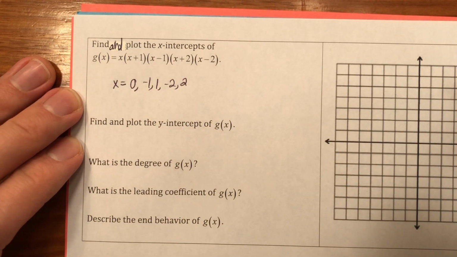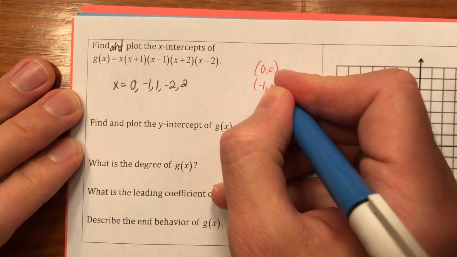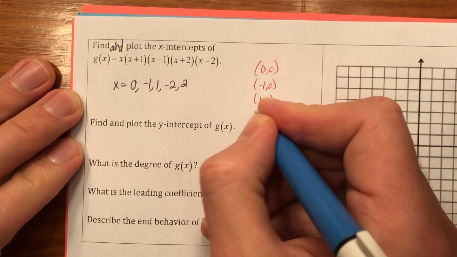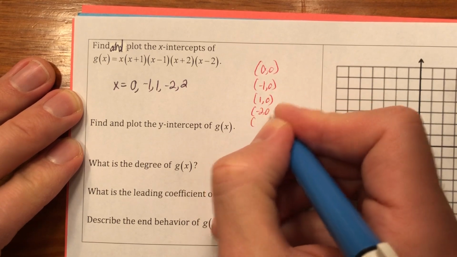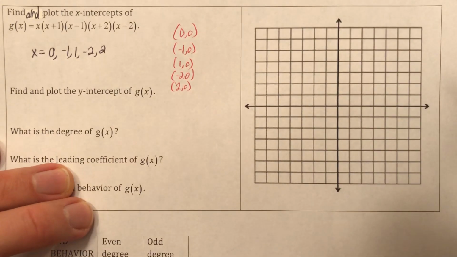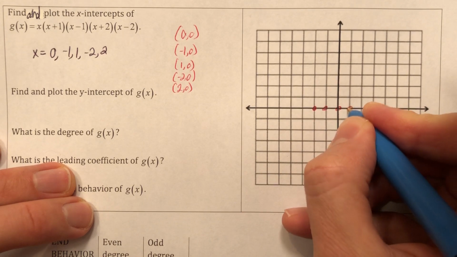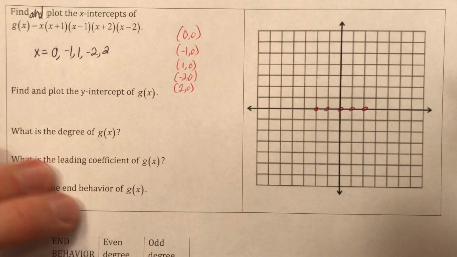We can list them as coordinates. (0, 0), (-1, 0), (1, 0), (-2, 0), and (2, 0). And we'll plot them. And here's this one, this one, this one, this one, and this one right there.